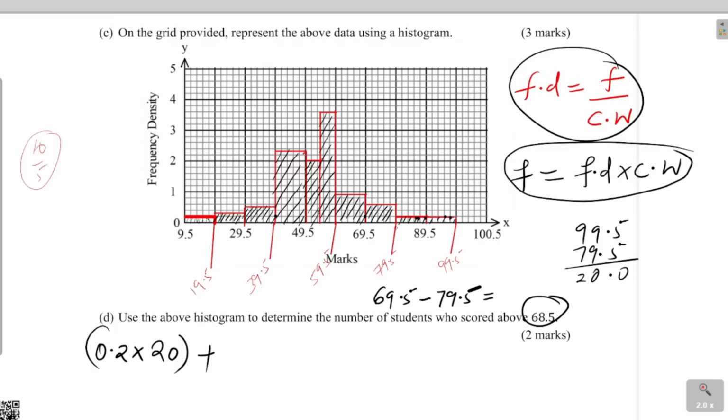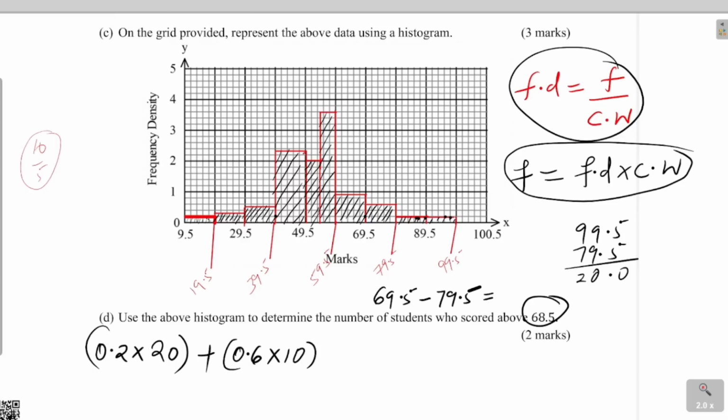The frequency density for that class was 0.6. And then the class width: subtract 69.5 from 79.5, it is 10.